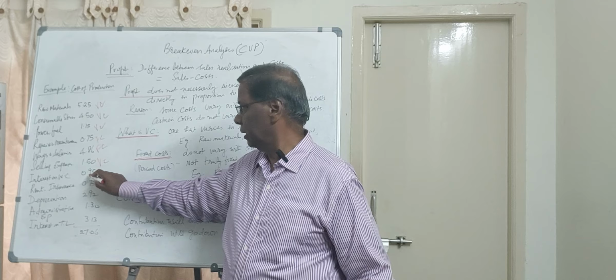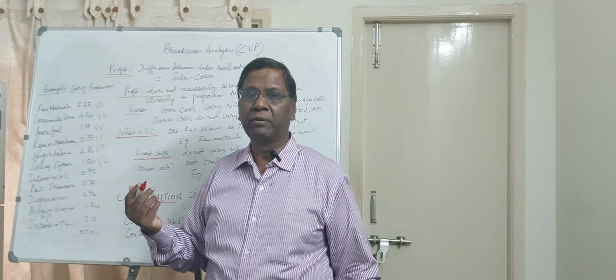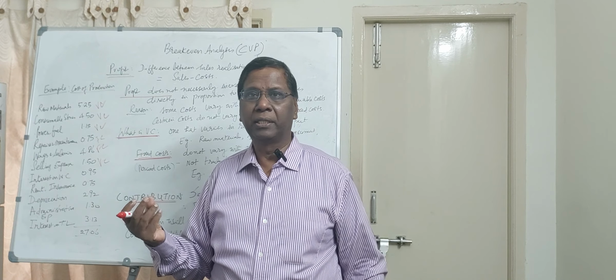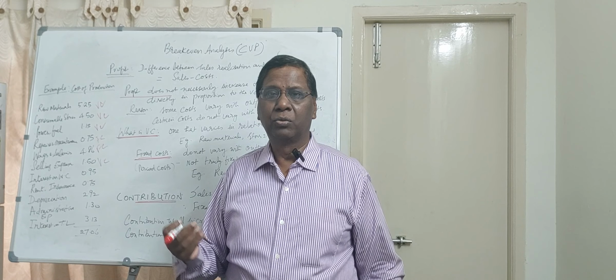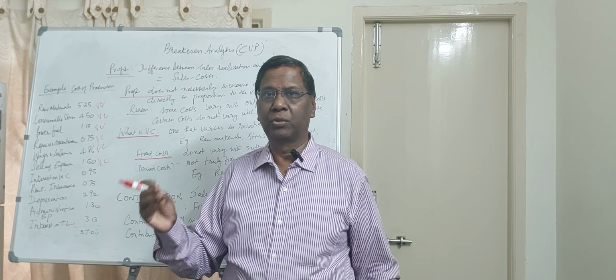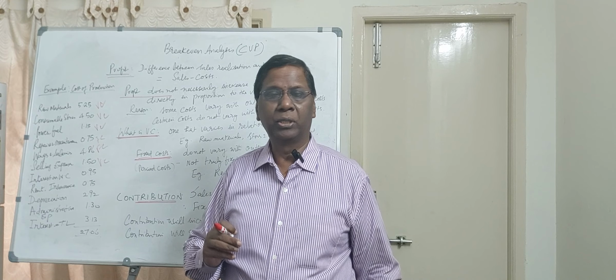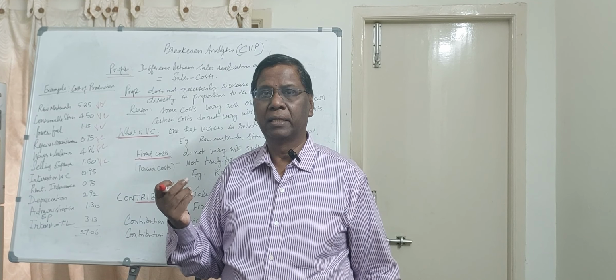Interest on working capital. You are availing a loan from the bank to buy the raw material. You have been sanctioned a limit of 5 lakhs. You want to purchase raw material for 2 lakhs, so you issue a check in favor of your supplier, and 2 lakhs is debited in your account. Then you get the material and sell it.